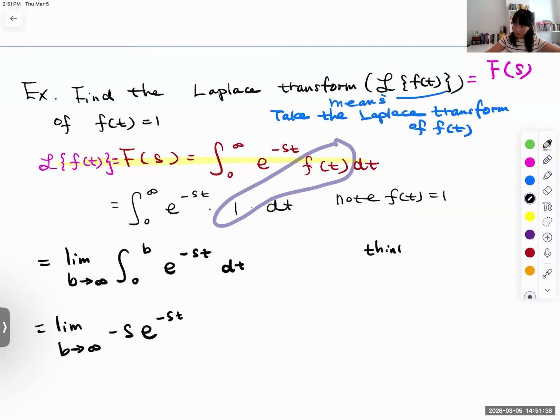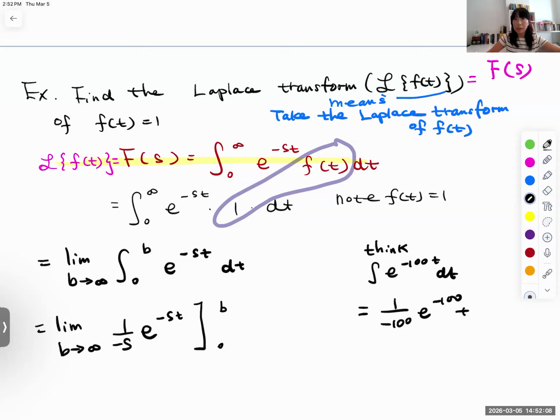Make sense? So over negative s. Plus c, but instead of that, we evaluate from 0 to b, right? Think of the integral of e to the negative 100 t dt, which is 1 over negative 100 e to the negative 100 t plus c.